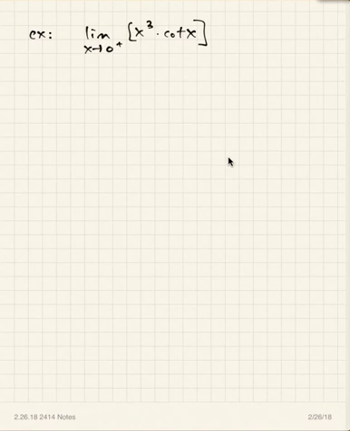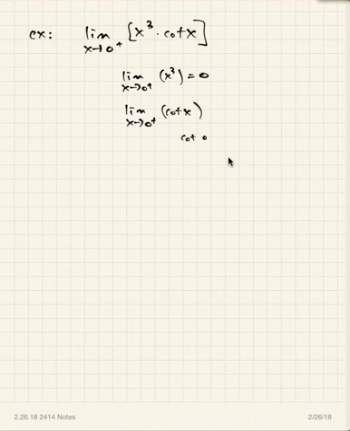And so if you think about this, the limit as x goes to 0 from the right of x cubed is just 0 by substitution. And the limit as x goes to 0 from the right of cotangent x, using substitution, the cotangent of 0, as you're going from the right side, is actually positive infinity.